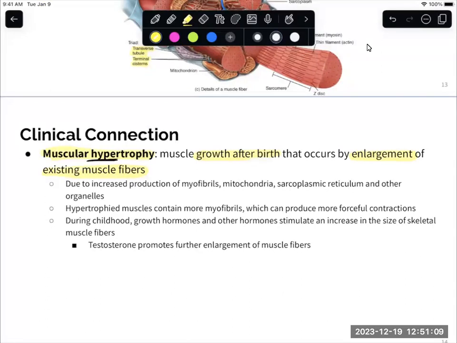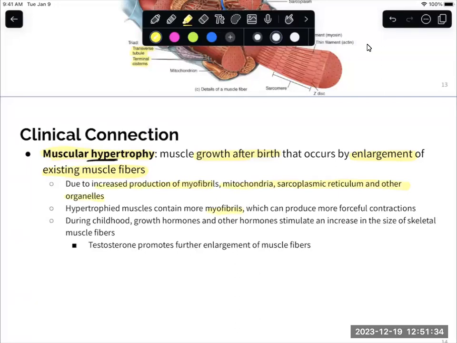Muscles get larger and larger, and muscle hypertrophy is because of an increase in myofibrils, mitochondria, sarcoplasmic reticulum, and the other organelles that our muscle cells need. There are more myofibrils inside that muscle cell.